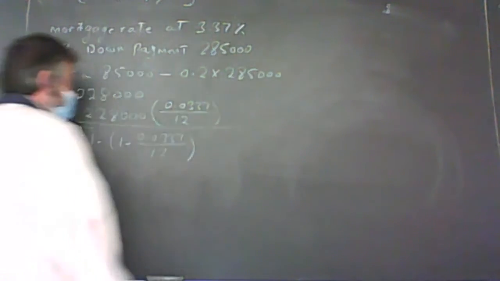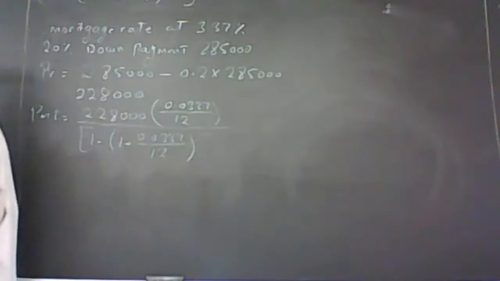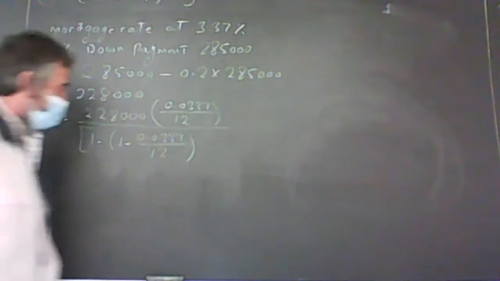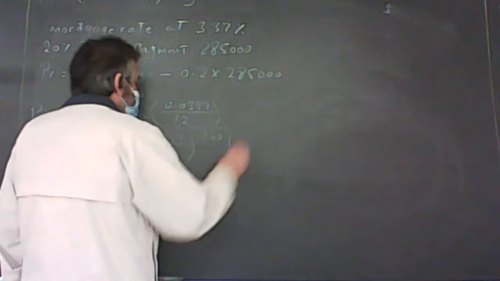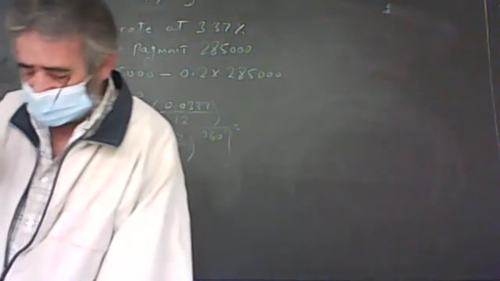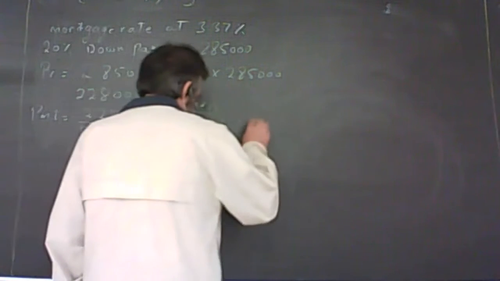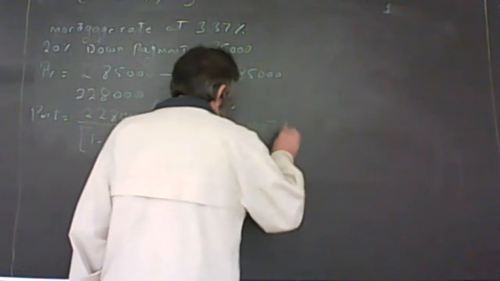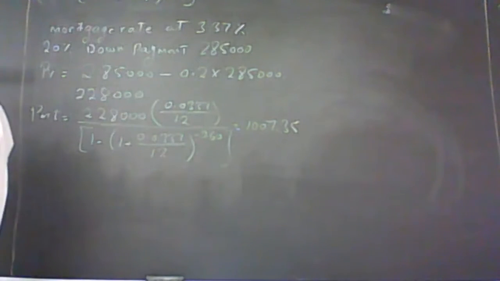Now, N is 12 and T is 30 years, so that's going to be minus 360. That should give me a payment of $1,007.35.